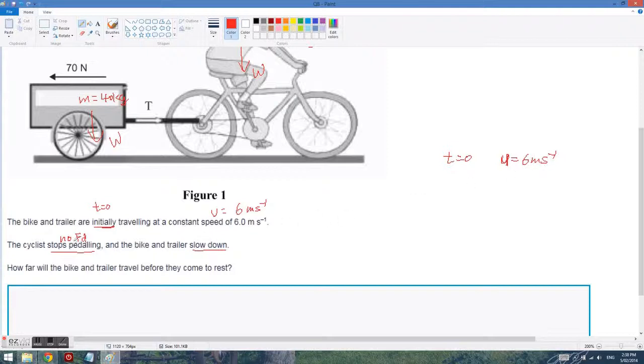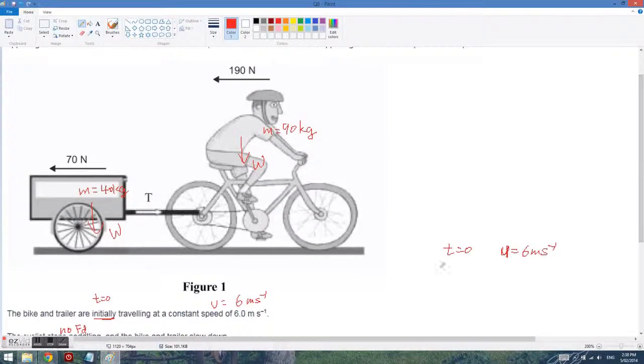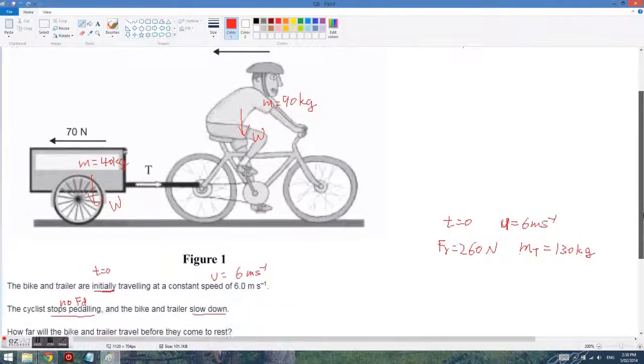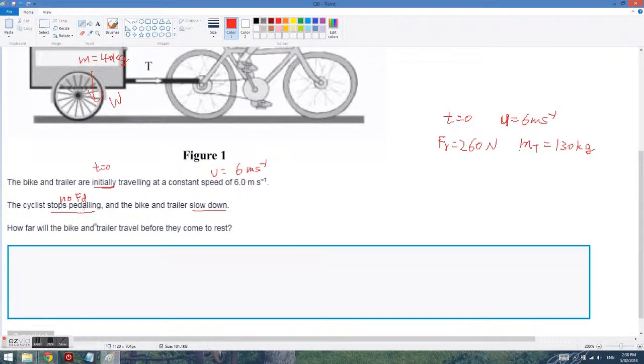When there's no driving force, it's slowing down, so the friction force is 260 newtons. The total mass, mt, adding them up, is 130 kilograms. Because it's asking how far, it asks for the displacement.